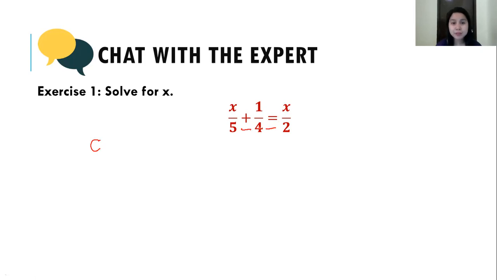So 5 times 4 times 2, the answer is 40. Actually, the LCD of this is only 20. But if you also multiply all by 40, you will still arrive at the same answer in the end. So let's have x over 5. You multiply all parts of the equation by 40.